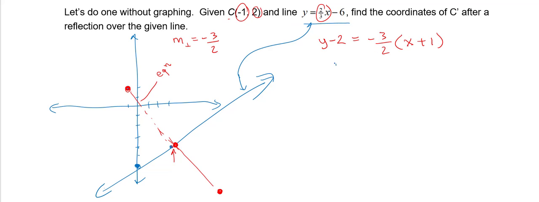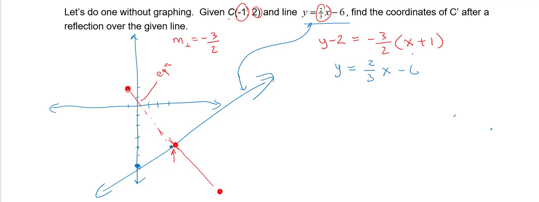That's just going to be y equals 2/3 x minus 6. And now I can go ahead and solve for the intersection point simply by solving the system of equations.